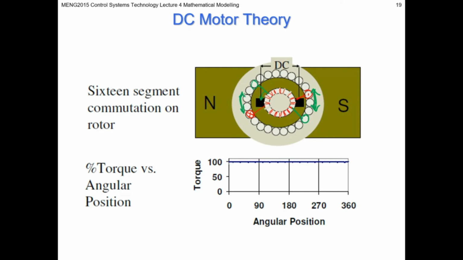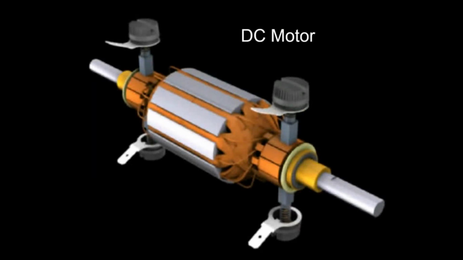And that's how you end up with a basically flat torque curve right through the rotation of the motor through 360 degrees. Because really you might have little dips here, but it doesn't show up too much. You get a nice consistent torque by having a high number of windings. Each commutator segment is connected to a winding, so more windings give you a smoother torque in the DC motor.